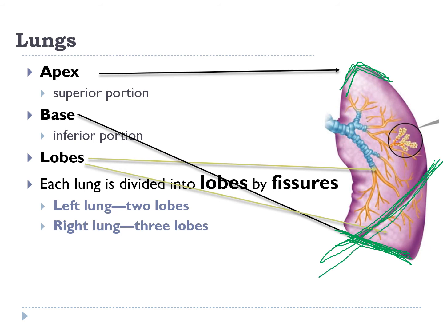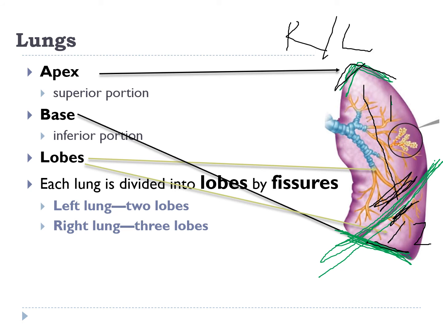In this one we see one lobe that starts at the apex and goes all the way down to this fissure, and then the second lobe goes from the fissure to the base, and so we have two lobes. So is this the right lung or the left lung? What do you think?